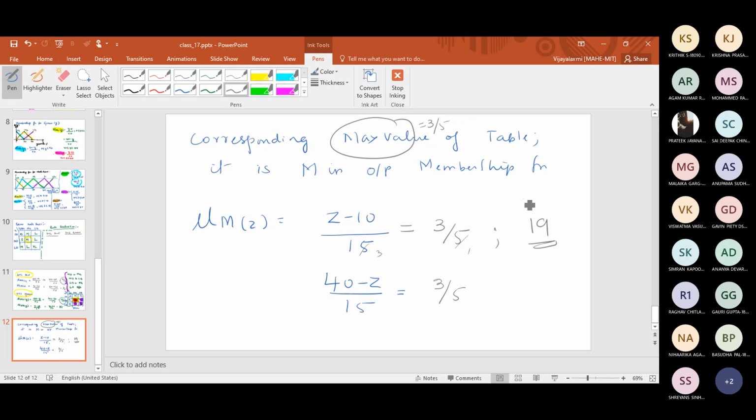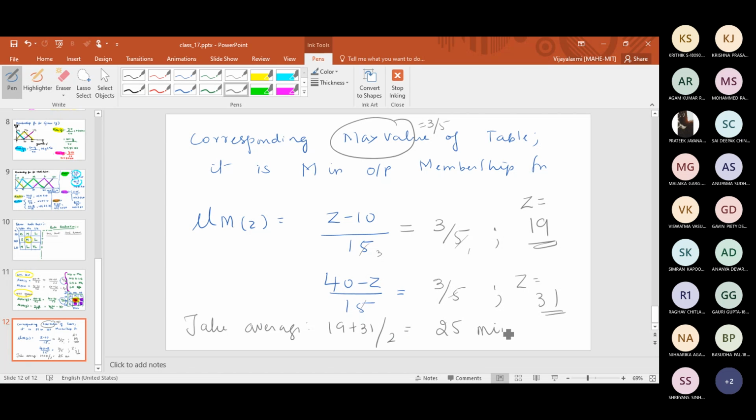This gives you Z equal to 19. Then 5 3s are 3, 3 3s are 9, 40 minus 9, so this gives you Z value equal to 31. Now finally take the average, that is 19 plus 31 by 2, which is 50 by 2, 25.